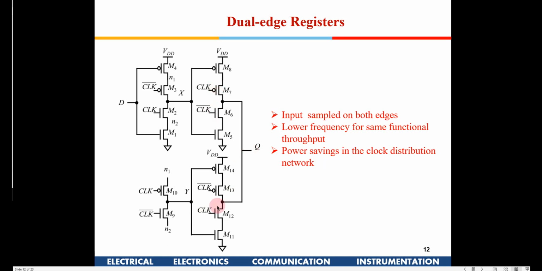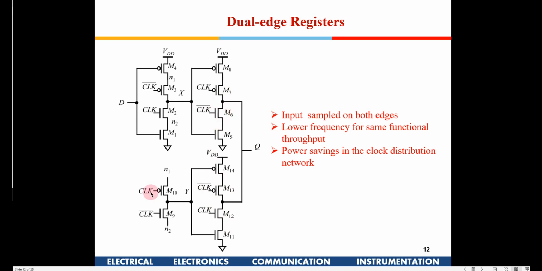You are shorting these two outputs here, but when the clock is high this is in a high impedance state, and when the clock is low this is in a high impedance state. So shorting is like connecting two tri-state buffers, which is very much possible, like we do in multiplexers.